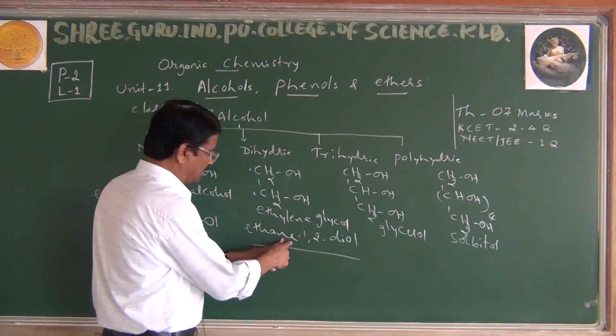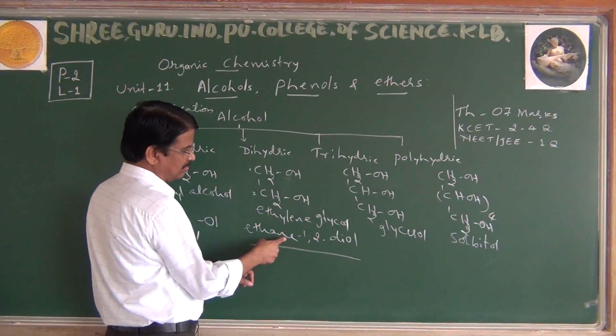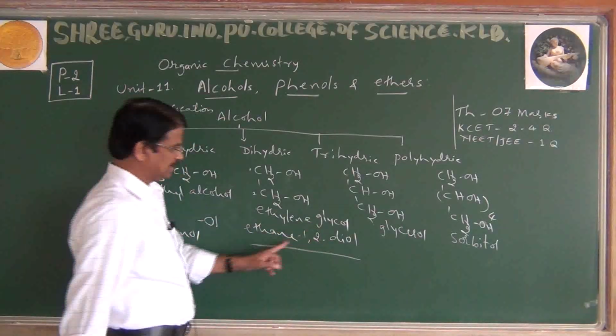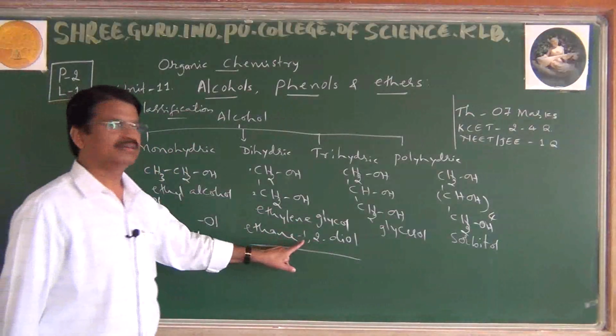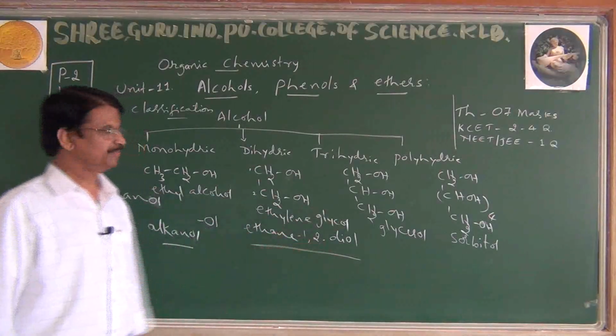Here you have to retain E, but don't write ethanediol-1,2. No. This is the correct nomenclature of ethylene glycol: ethane-1,2-diol.